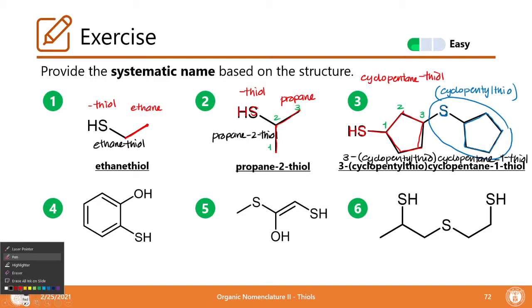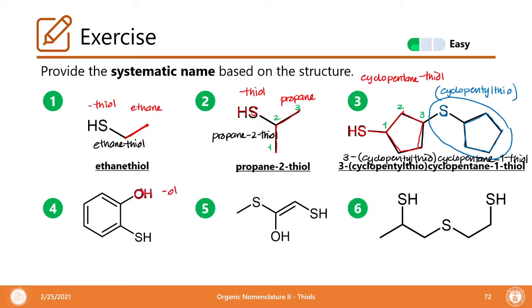So we have an alcohol and a thiol. Remember that alcohols have a higher priority than thiols, so the alcohol is our priority functional group.